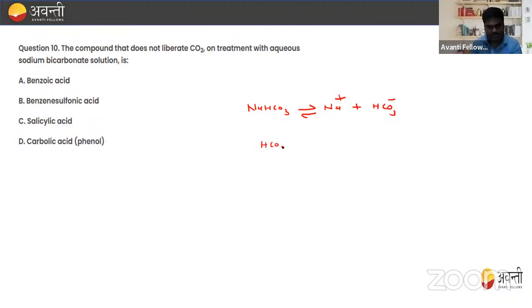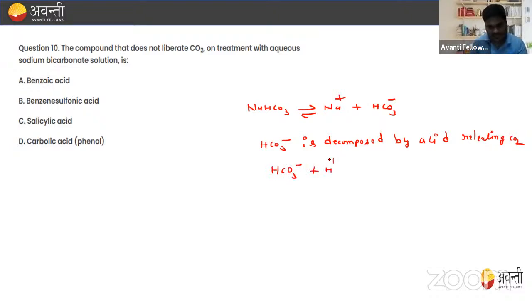This HCO3 negative is decomposed by acid, releasing CO2. For example, HCO3 negative accepts H plus and forms H2O plus CO2.